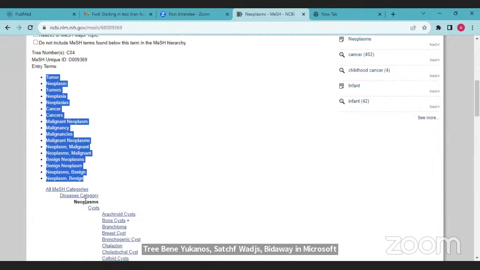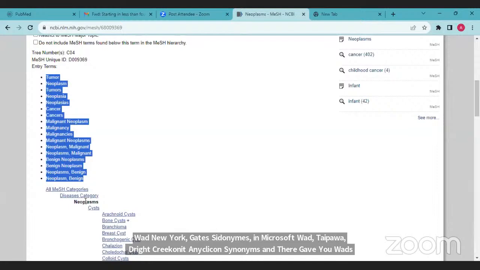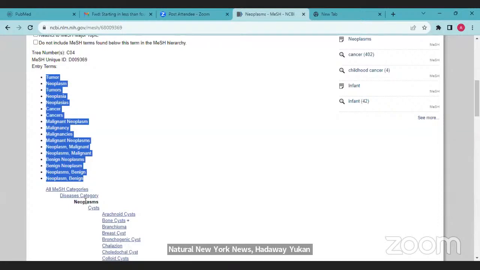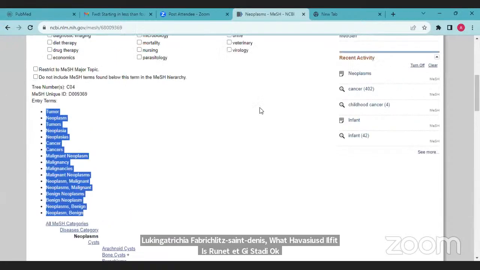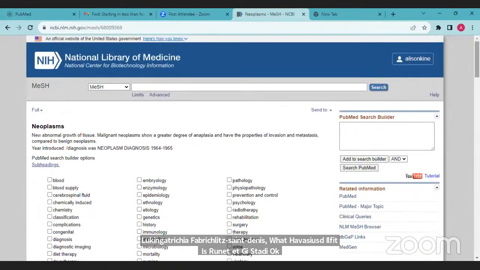Type a word, right click on it and click on synonyms, and it will give you words that you can use. The other way you can get terms is by looking at already published literature, and you see what others used, if it is related to your study. Okay? So I think that's the only one I wanted to show you before I go to PubMed now and run a search.